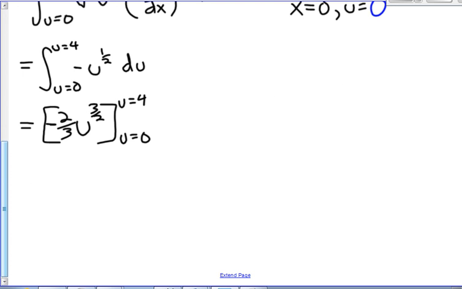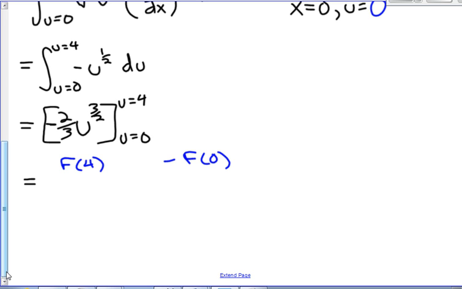When we did indefinite integrals, we switched back to x. Here we don't have to. We have everything set up in terms of u. So now I'm going to do this big F at 4 minus big F at 0. And it's all in terms of u.